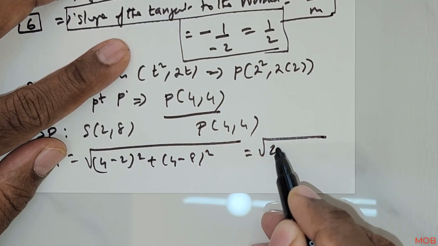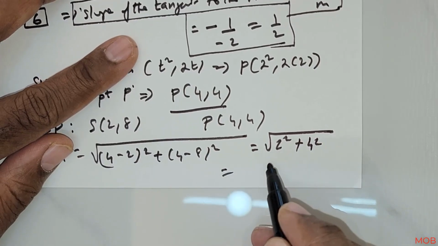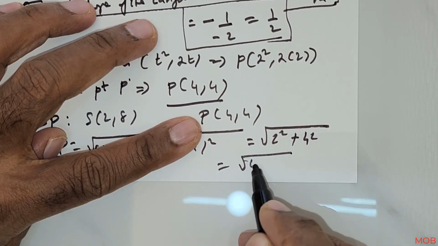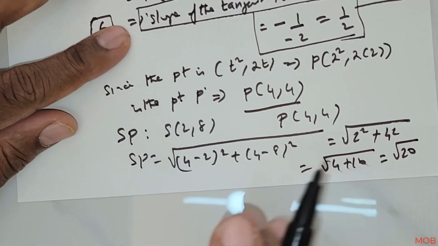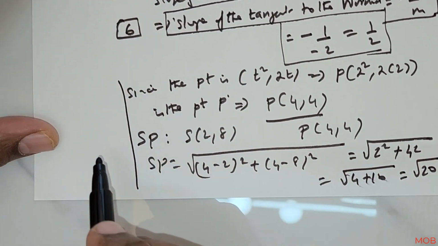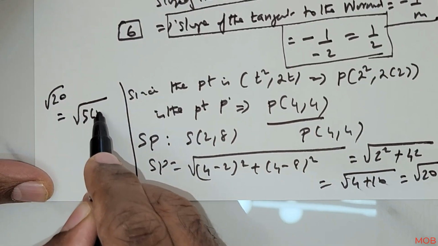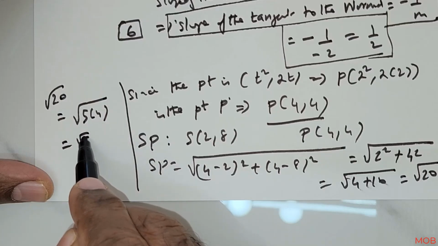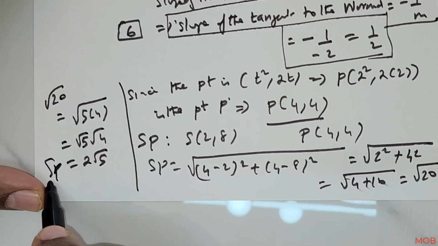So this is equal to root of 2 squared plus 4 squared, which is root of 4 plus 16, which is root of 20. Now I can write root of 20 as root of 5 times 4, which means root 5 times root 4, which means 2 times root 5. So this is my SP.